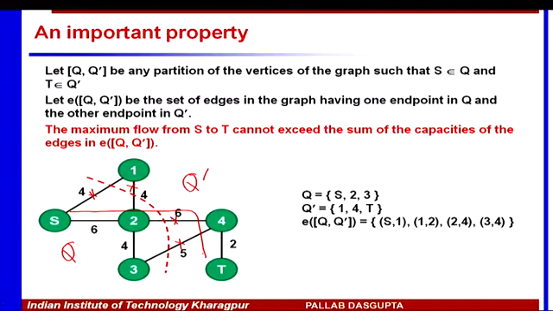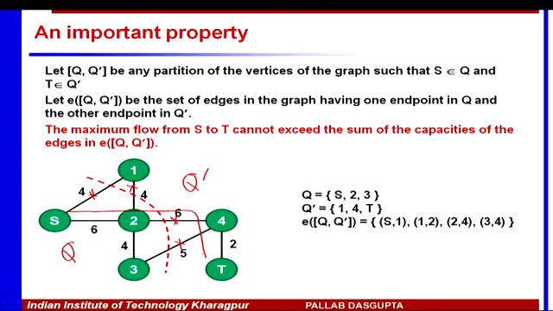This pipe's thickness is 6, this pipe's thickness is 6, this pipe's thickness is 2. If I want to pump oil from one to the other, which one will become the bottleneck? 2. So the flow that can go from S to T is 2.